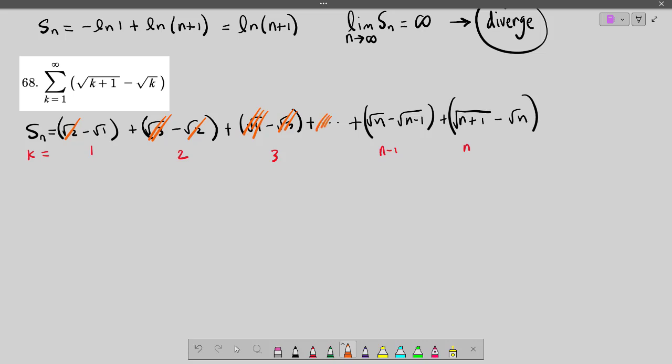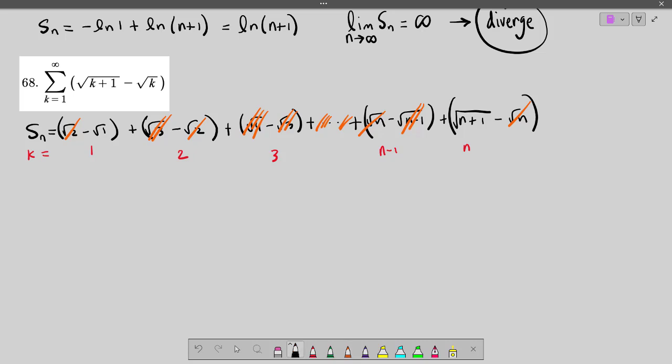And then we establish the right to left pattern. So the pattern is second part cancels with first part of prior. This right here is also a second part, and it's going to cancel in here with first part of prior.